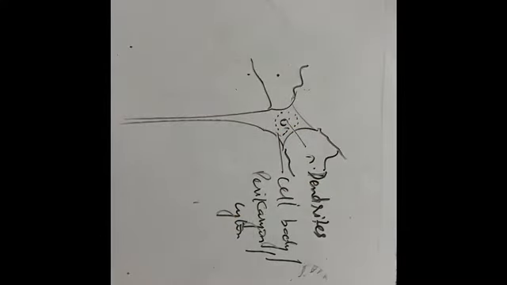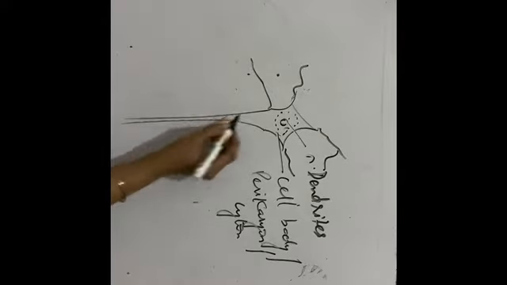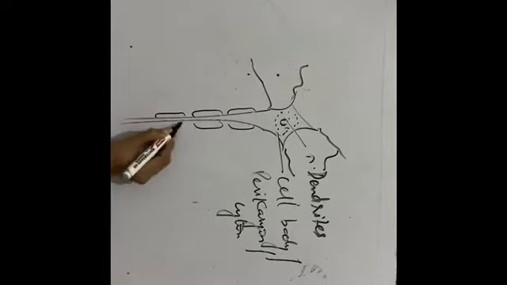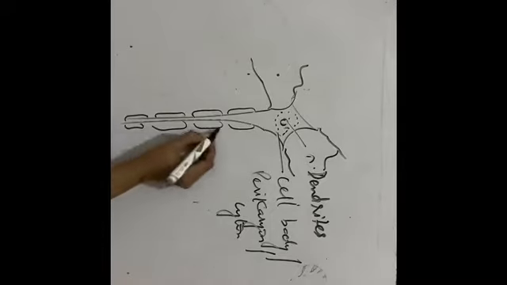Now next is a long process that arises from the cell body, and this is known as axon. It can be of various sizes, and mostly the neurons are covered. The axon of most of the neurons is covered by a layer known as myelin sheath.